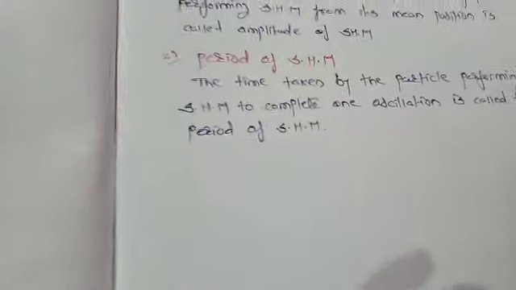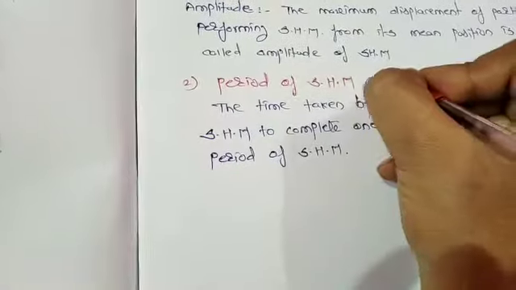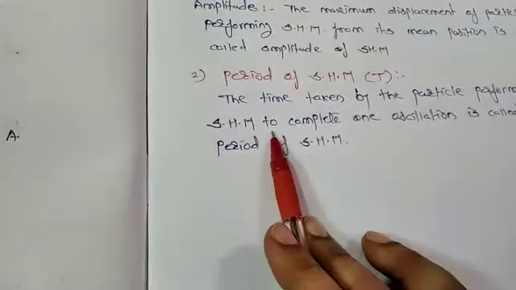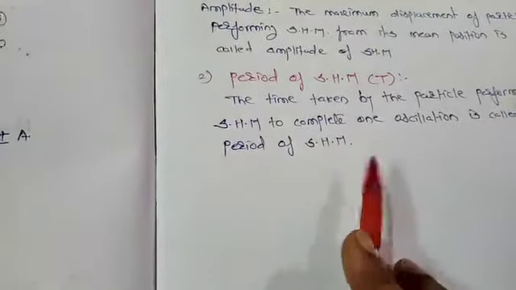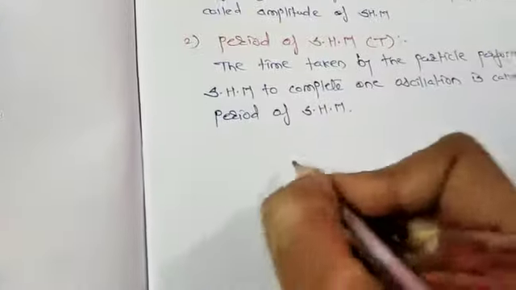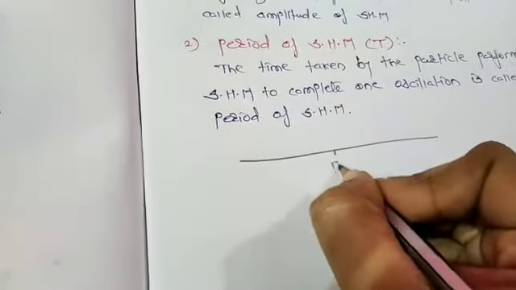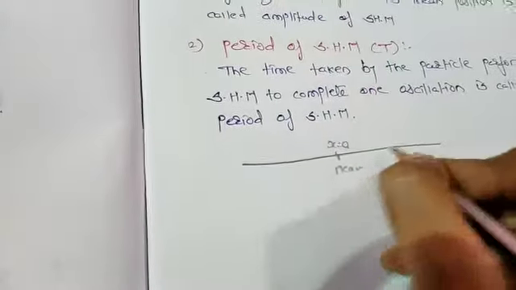Then the next is the period of SHM, that is T. It is the time taken by the particle performing SHM to complete one oscillation, and it is called the period of SHM. To show one oscillation, I will draw the diagram again. This is the mean position again. At this position X is equal to 0.